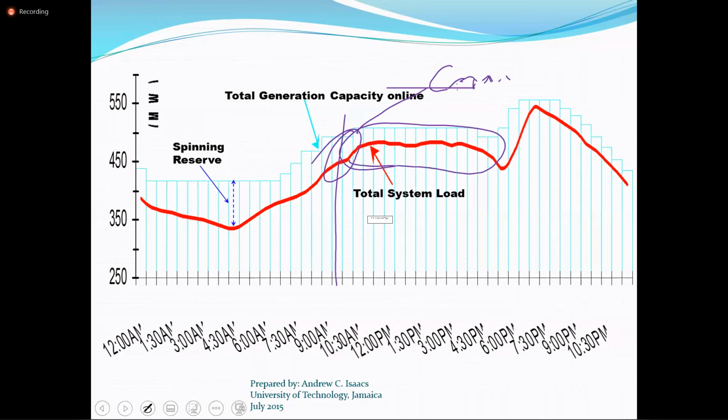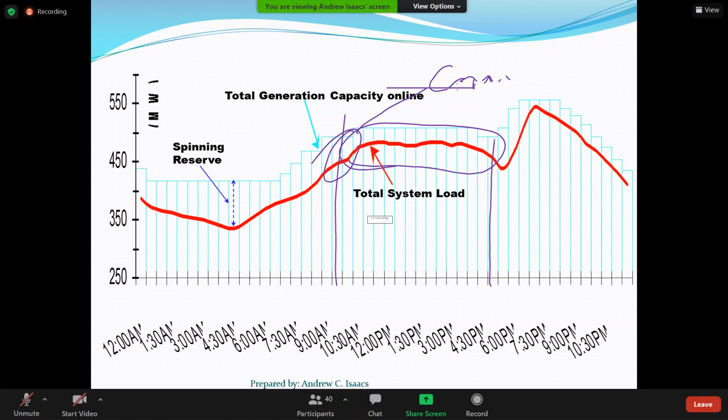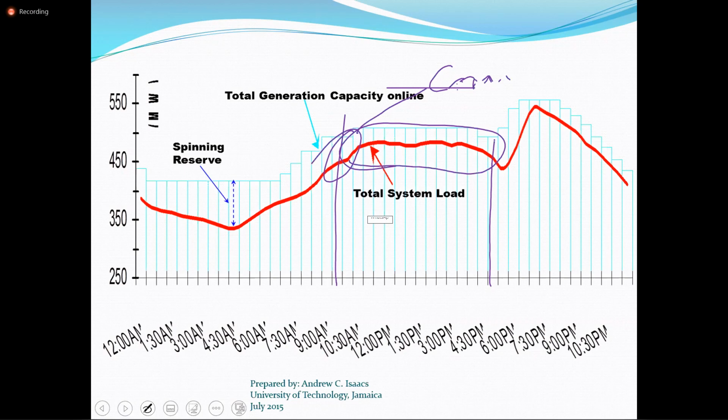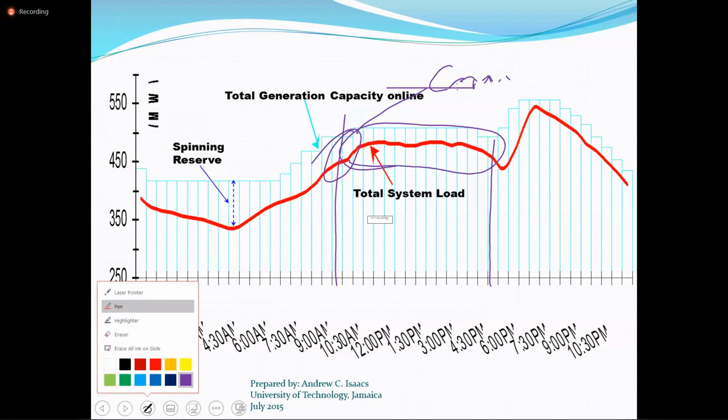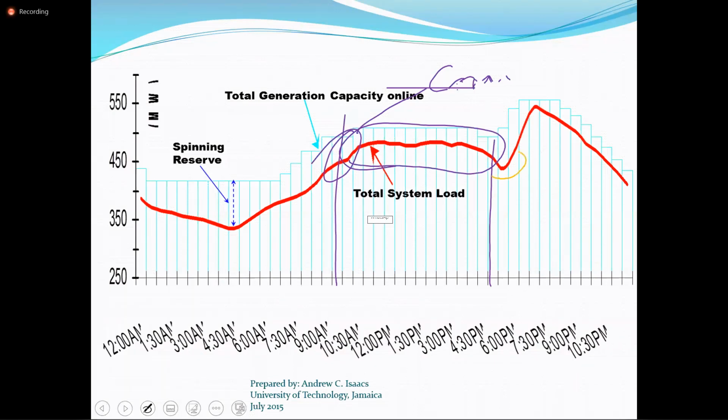If you note, however, at about 4:35 is when we start seeing the decline. Facilities are shutting down, business places closing, people getting ready to go home. And so we get that dip.